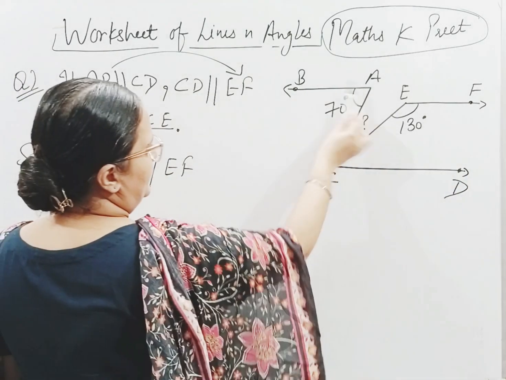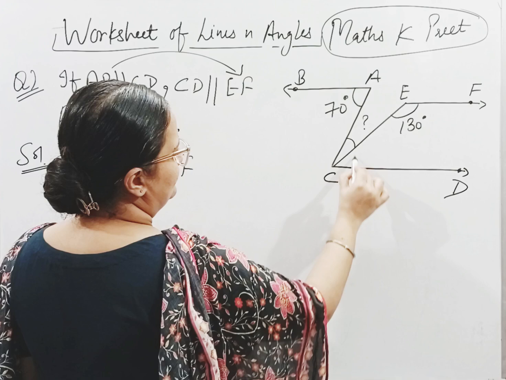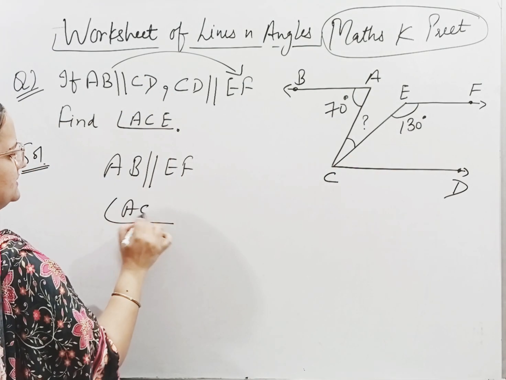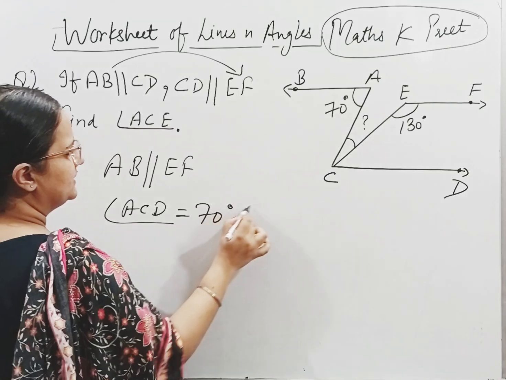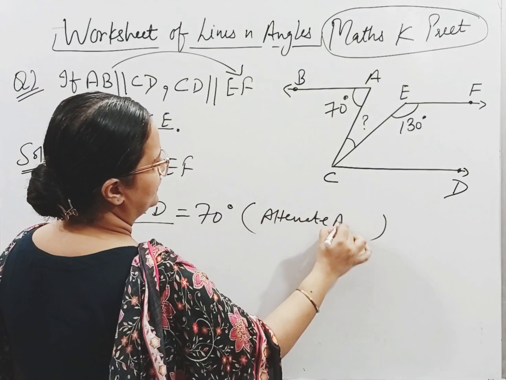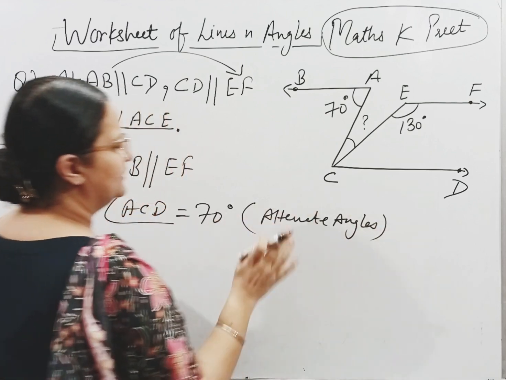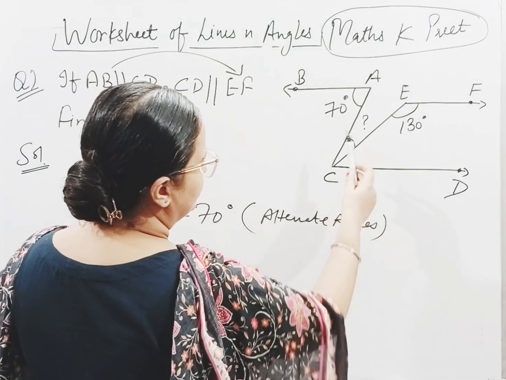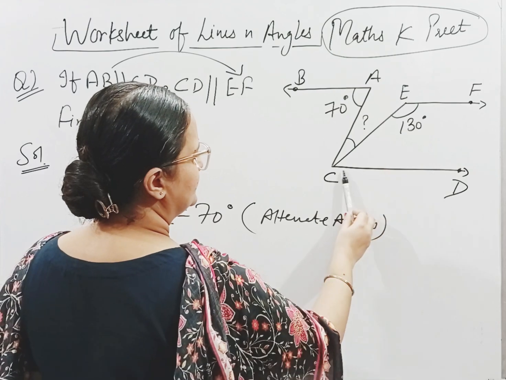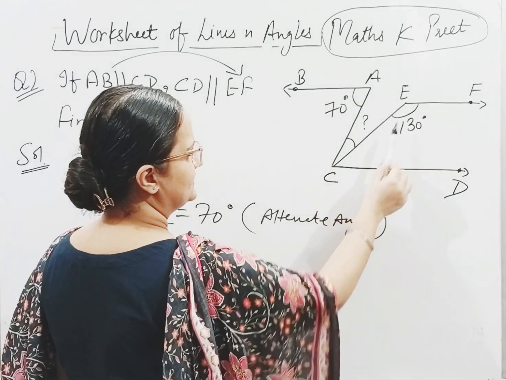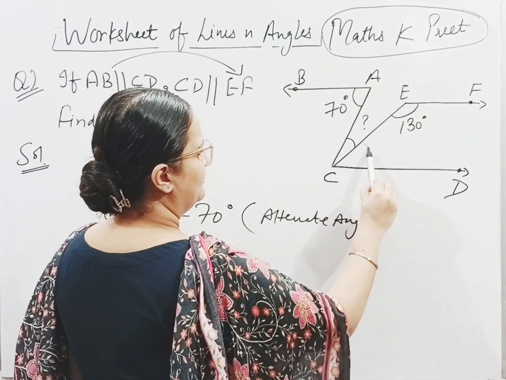Now this AB is parallel to CD, then this complete angle ACD will be of 70 degrees. We know that alternate angles. I'm not writing fully fledged, so I'm just giving you the hint. So this angle is 70 degrees. Now CD is parallel to EF and these are co-interior angles, this angle and angle ECD from here.